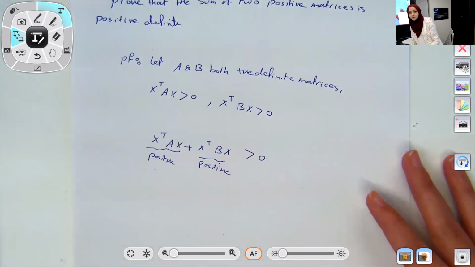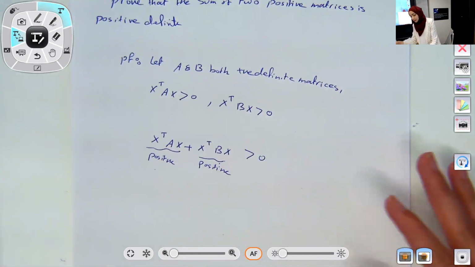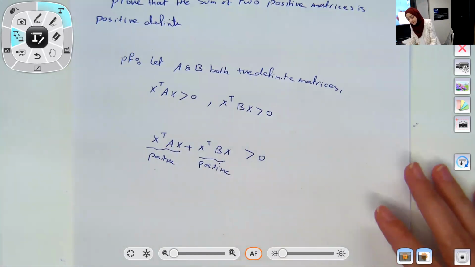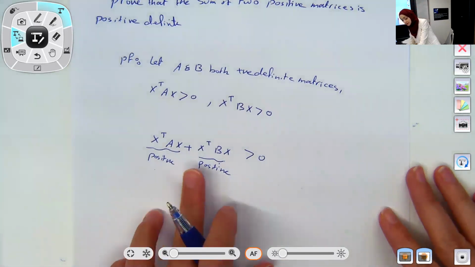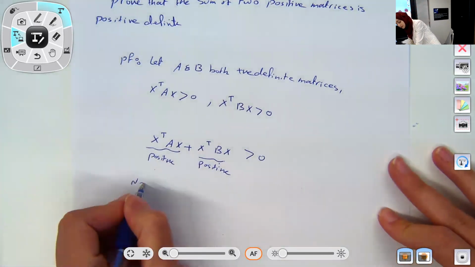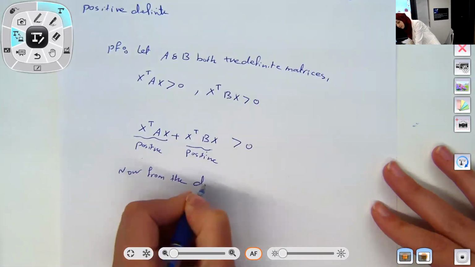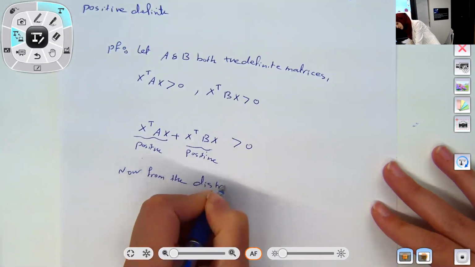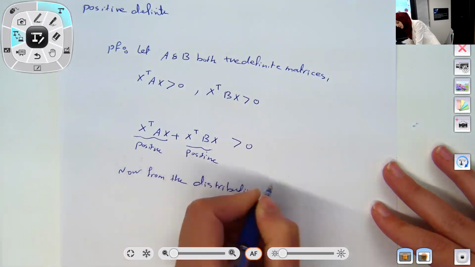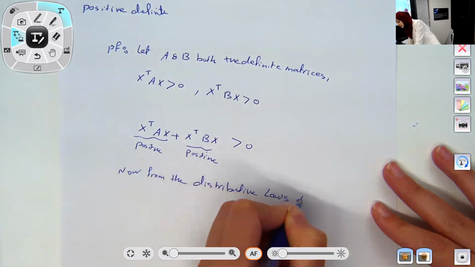Now we need to use the distributive law of matrix multiplication.